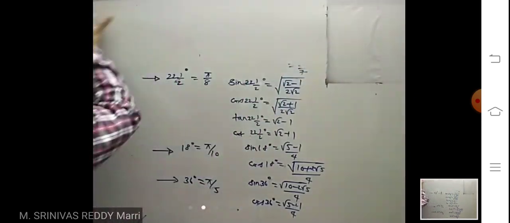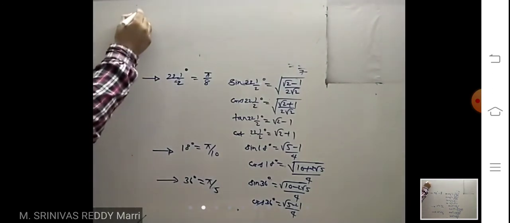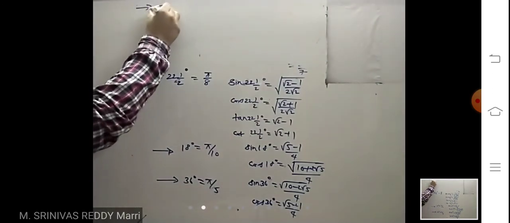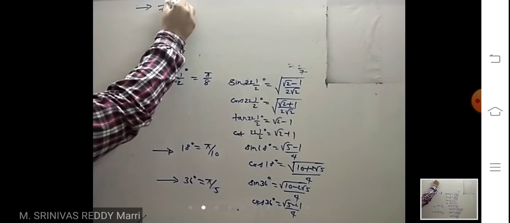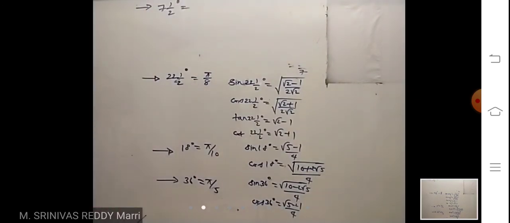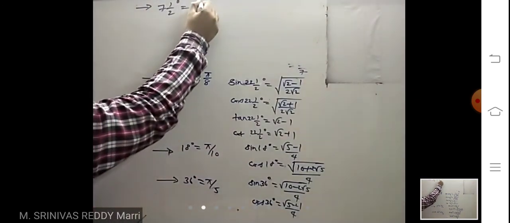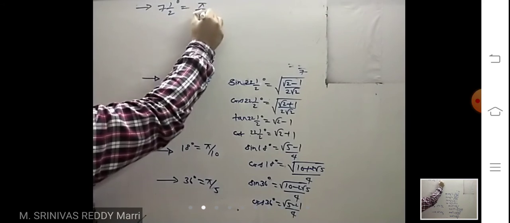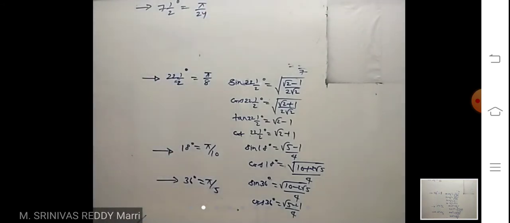Okay now, another angle is there, a miscellaneous angle: 7.5 degree. 7.5 degree means 15 divided by 2. 15 is pi by 12, so this is pi by 24.